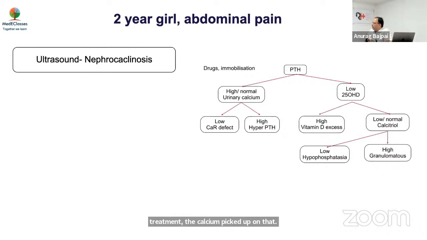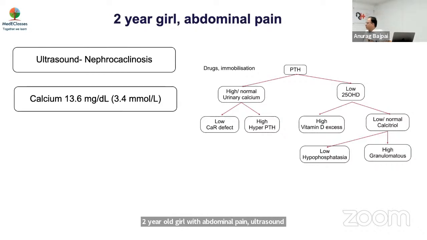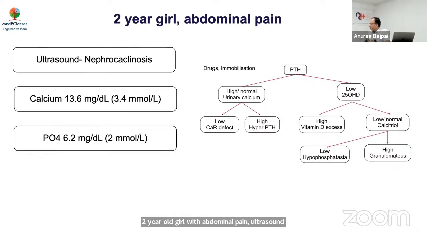A 2-year-old girl with abdominal pain, ultrasound showed nephrocalcinosis, calcium is 13.6, phosphorus is 6.2. So what is not likely in this scenario? So hyperparathyroidism is unlikely in this case, and you are more likely to be dealing with a vitamin D excess in this scenario.